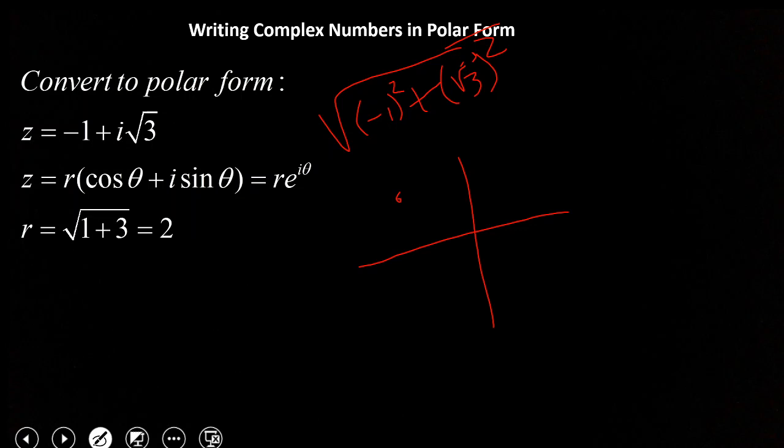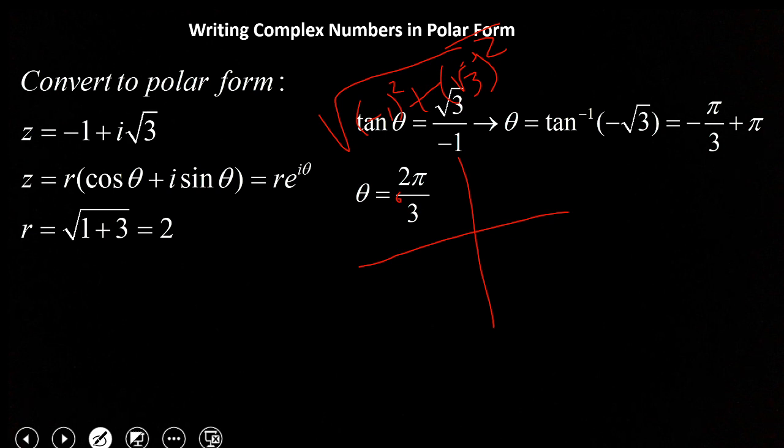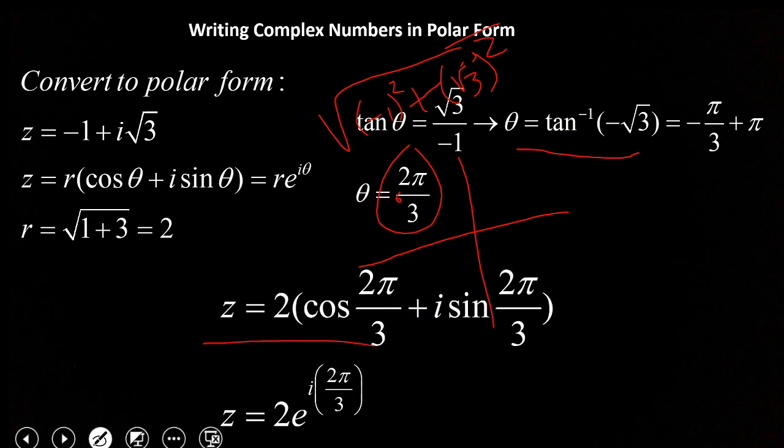That means the calculator is going to give you a number, you have to add pi to it. So theta is negative pi over 3 with the calculator, and you add pi to it, so it's 2 pi over 3. So that's it. In exponential form, negative 1 plus i square root of 3 is just 2e to the i 2 pi over 3.